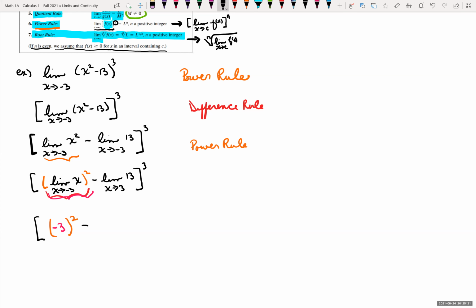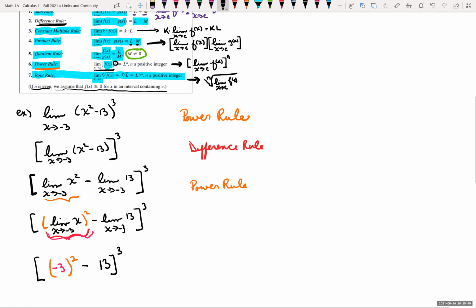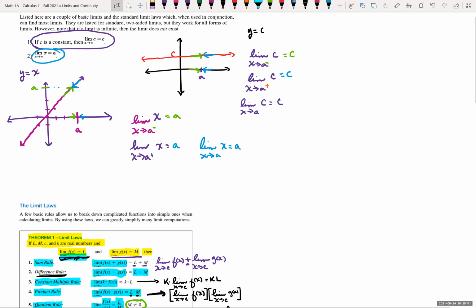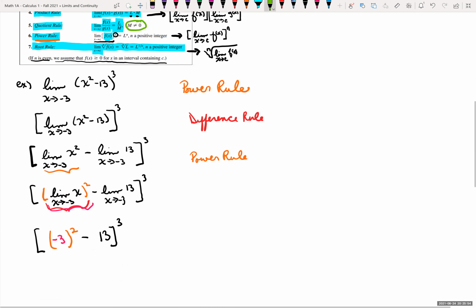Minus, now I'm looking at the limit law of a constant. So limit as x approaches -3 of 13. So limit of a constant, no matter where we're going, is equal to that constant. So the limit as x approaches -3 of 13 is just equal to 13. And then quantity cubed. I don't think that was called anything in particular. So by the basic limit laws.